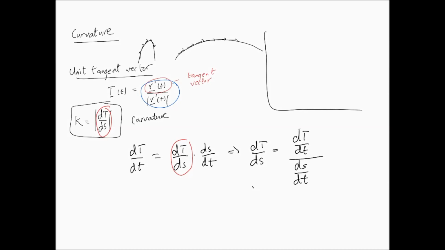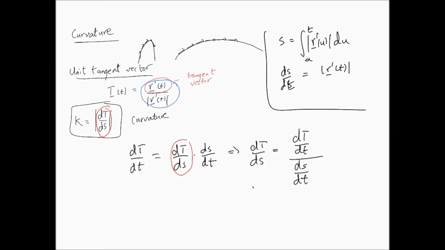As a side note, to remind you, s by definition is the integral from a to t of the magnitude of r dash of u, du. Now, if I calculate ds/dt, clearly that would just be the magnitude of r dash of t, because integration and differentiation are antis of each other.